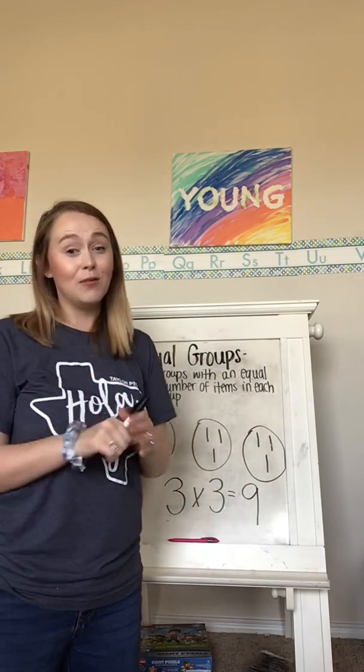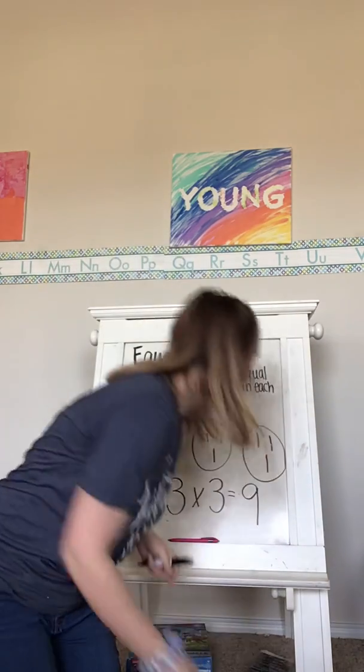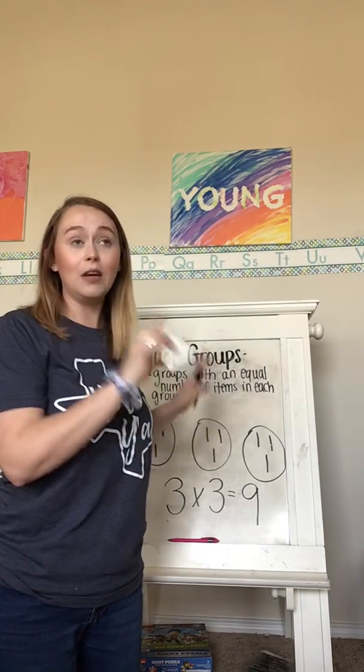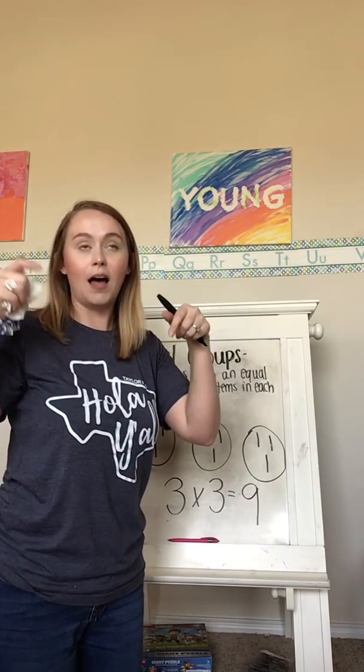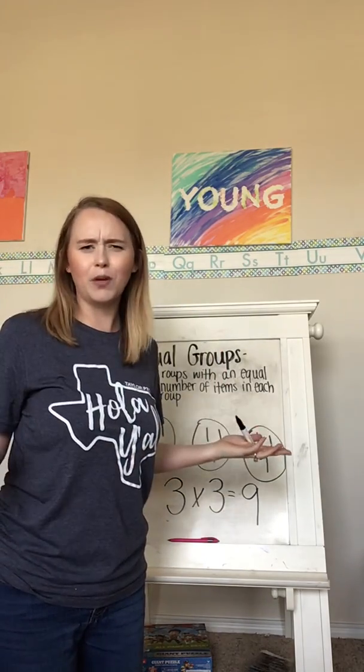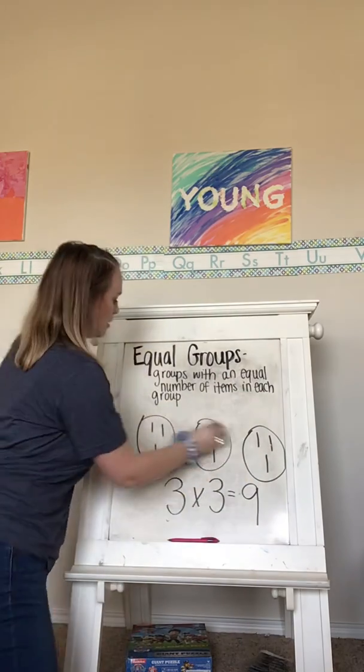So now what I'm going to do is leave you with equal groups, and down in the comment box below, I want you to write what is the multiplication sentence that goes with this equal group.